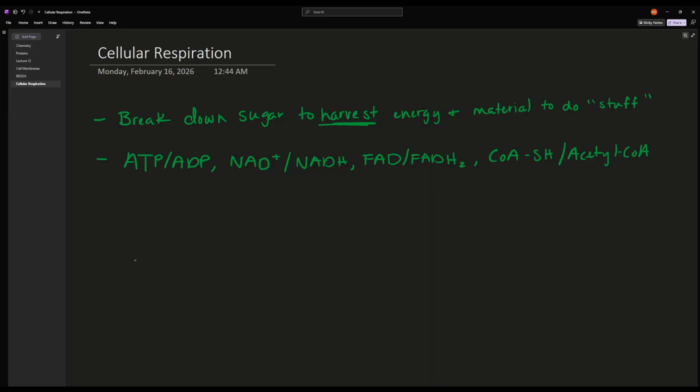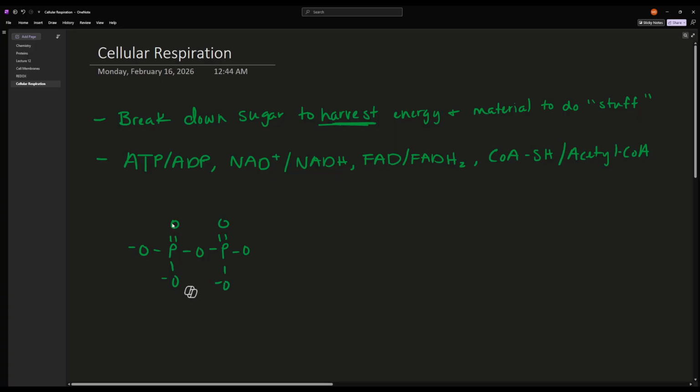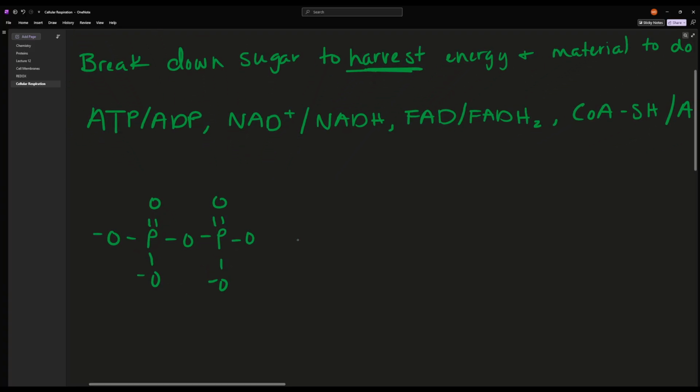So ATP stands for adenosine triphosphate. So we're going to write out our three phosphates because tri does in fact mean three. Did I get three?